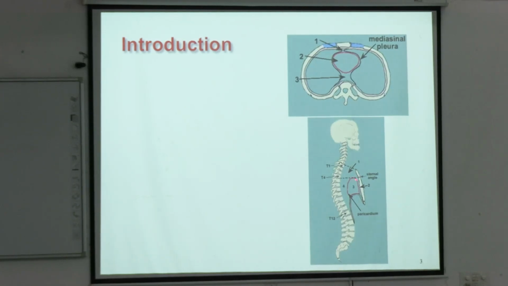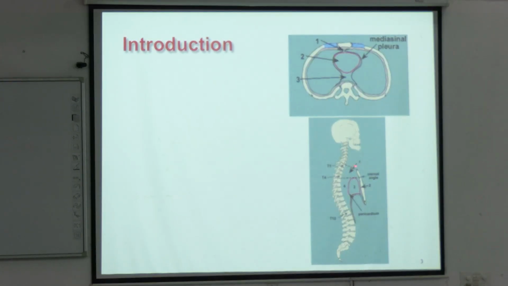Now, this particular mediastinum space vertically, this particular length from here to here, can be split into two parts by drawing a horizontal line starting from the sternal angle. So, you know the sternal angle where this particular Manubrium sterni joins with the body of the sternum.